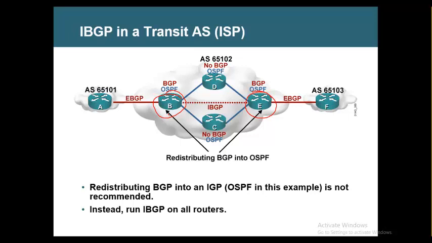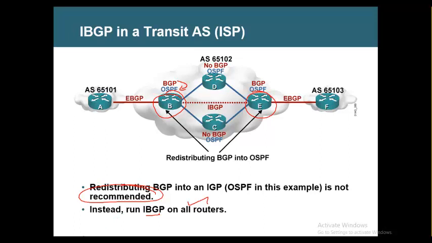So what is needed? You need to run BGP on every router. See, I told you in the beginning, we have a good reason why we should run BGP on every router inside an autonomous system. This is the reason. If you don't run BGP on all routers, then you will do redistribution from BGP to the inside routers' routing protocol. But it's not recommended. A lot of drawbacks which we discussed. We discussed 3 drawbacks.